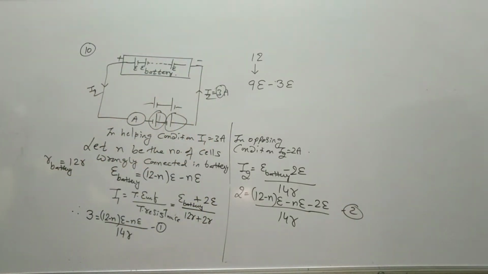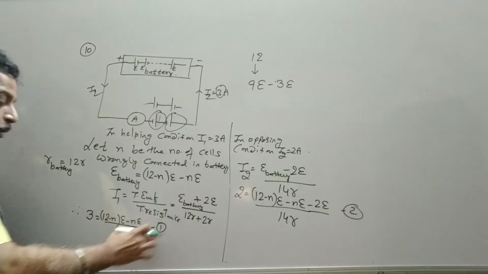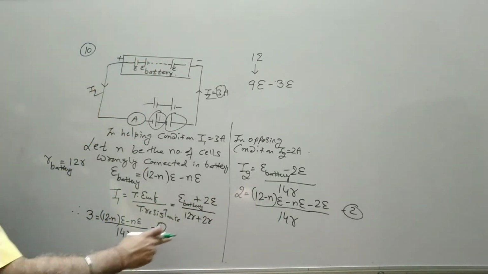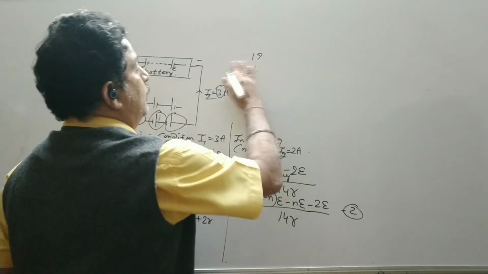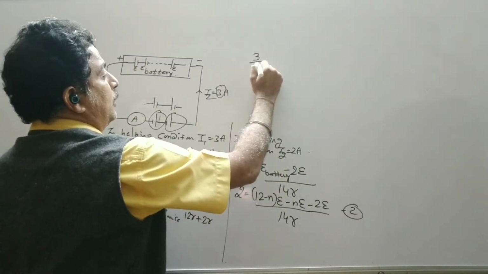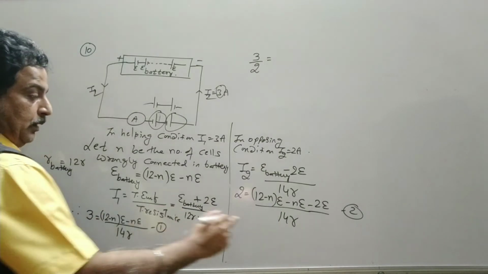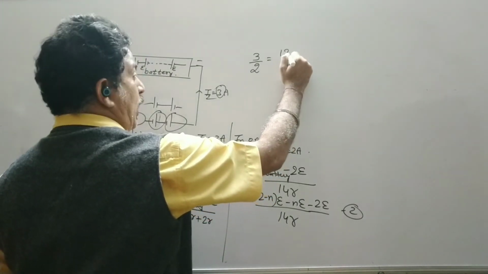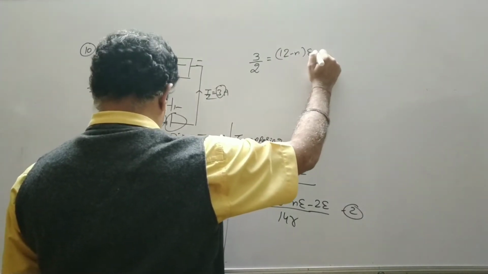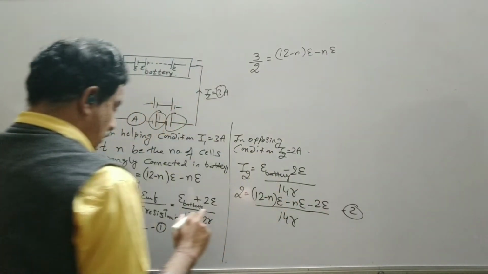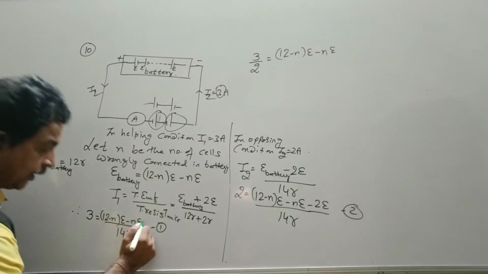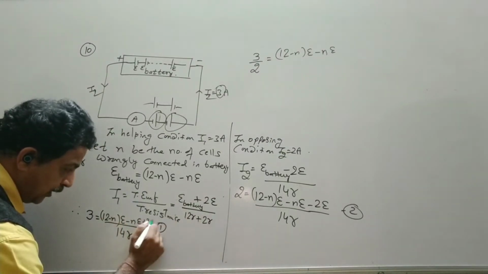We have to find out the total number of cells which are wrongly connected. We have 2 equations. R can be eliminated because they are equal. So I take a ratio of these equations. So taking the ratio of the equations, 3 by 2 is equal to (12 minus n)E minus nE, plus this twice E also is there.